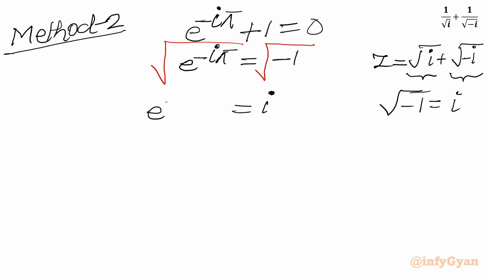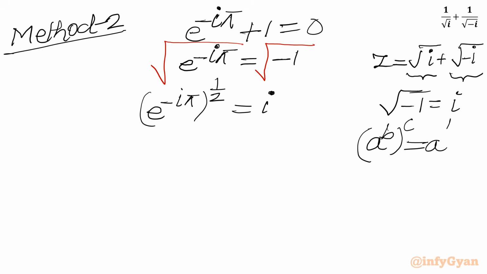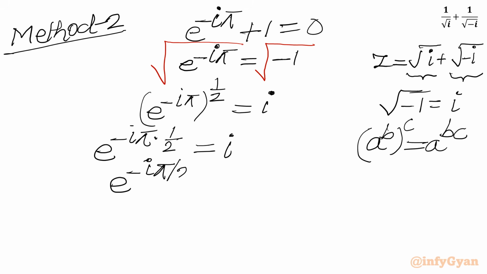On the left hand side we can write (e^(-iπ))^(1/2). Using the exponent law (a^b)^c = a^(b·c), I can write e^(-iπ · 1/2) = i, or e^(-iπ/2) = i.